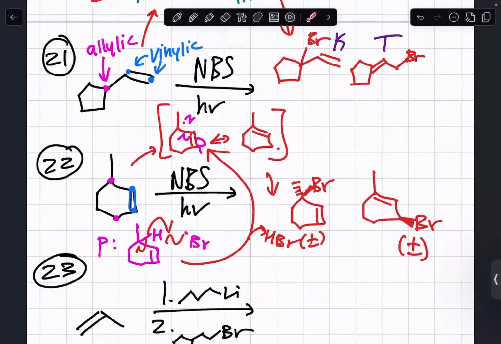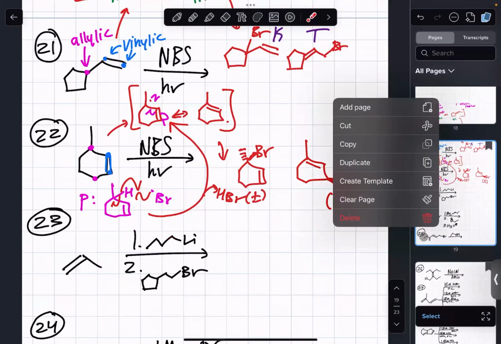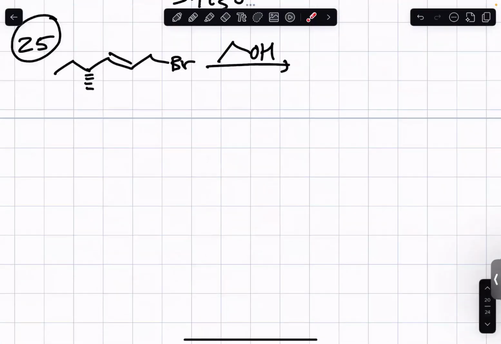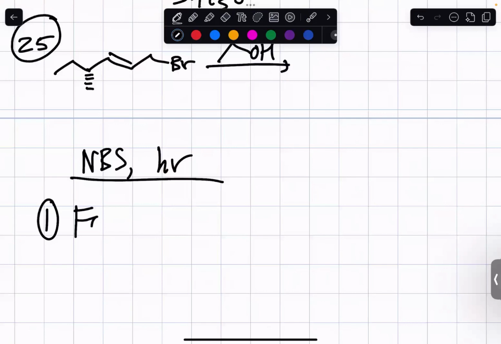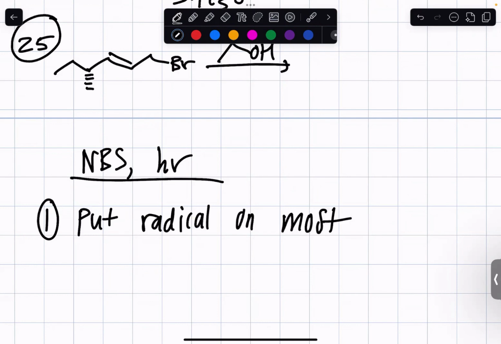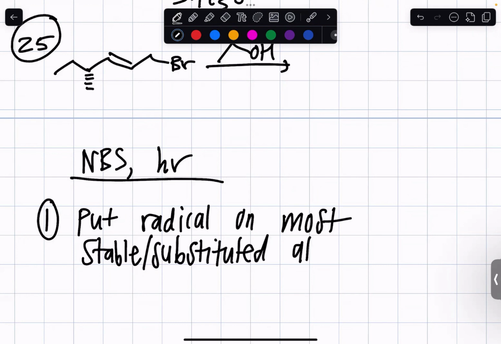Well, let me give you guys a step-by-step process on NBS reactions, right? So what I think about is NBS. When you guys want to predict the product quickly without the mechanism, first, put the radical on the most stable, aka most substituted, allylic carbon.